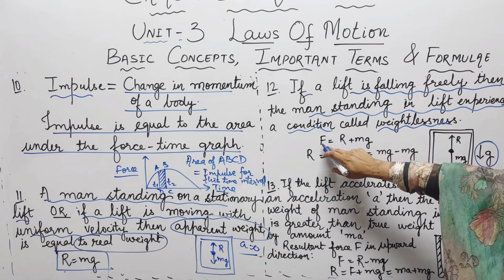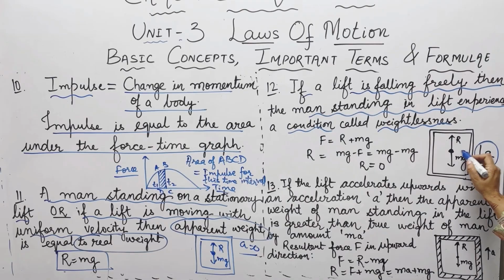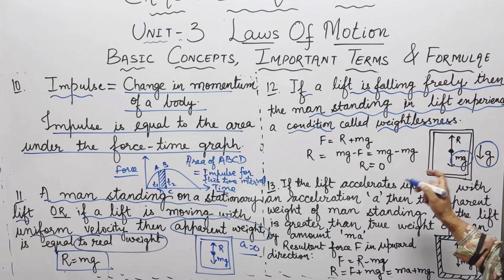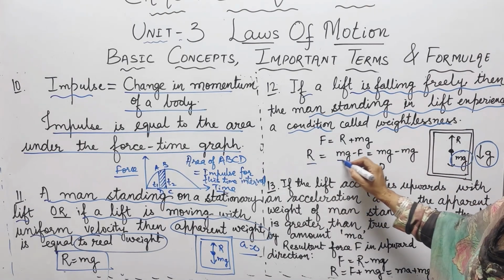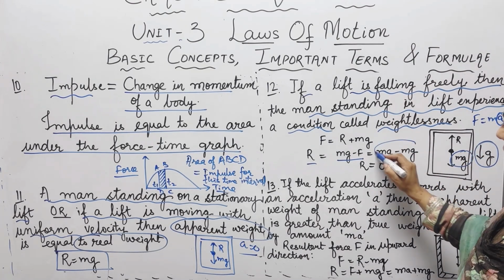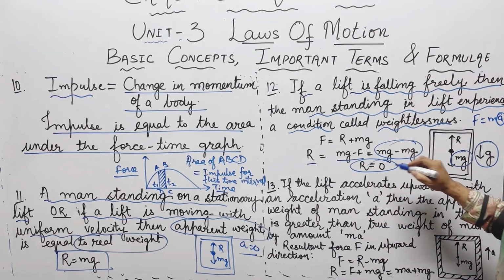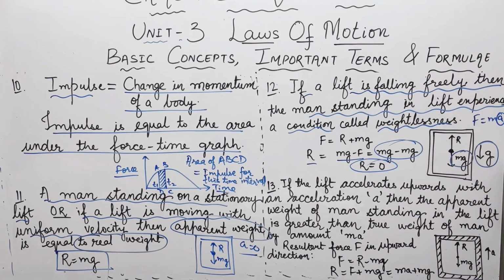So the net force is equal to the reaction plus the weight mg, and in this case the reaction will be equal to mg minus F. So F is equal to m into a, but a here is the acceleration due to gravity, as the body is falling under the acceleration due to gravity. So this is mg minus mg, and the reaction on the body comes out to be 0. It means it is a free fall, and the weightlessness condition is there.